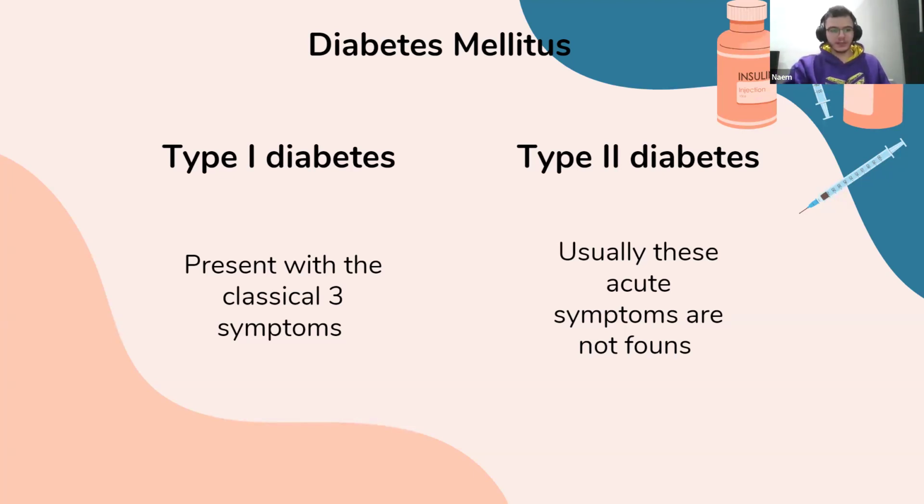But in type 1 diabetes, they're almost always there. In type 2 diabetes, sometimes they're there, sometimes they're not. And just for you to know, if you don't see these symptoms, don't exclude diabetes. It can't be ruled out as type 2 diabetes just because these three symptoms are not found in the case. No, it could be. Okay, that's what I want you to know from this slide.